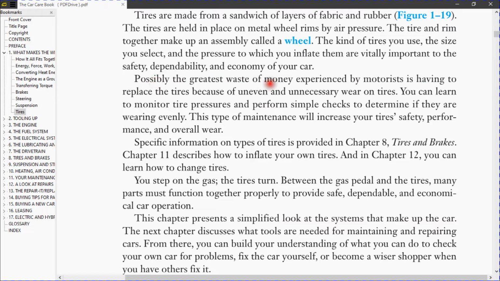Possibly the greatest waste of money experienced by motorists is having to replace tires because of uneven and unnecessary wear. You can learn to monitor tire pressures and perform simple checks to determine if they are wearing evenly.